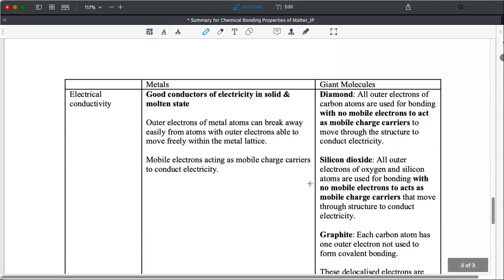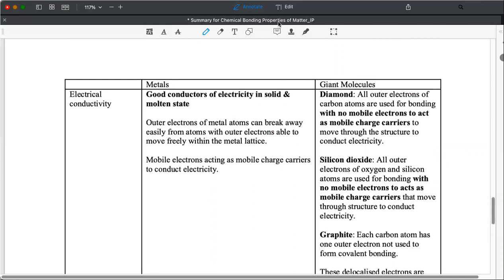As for electrical conductivity, metals are good conductors in either solid or molten state. The reason is the outer electrons of metal atoms can break away easily, with outer electrons moving freely within the metal lattice. These mobile electrons moving freely act as mobile charge carriers.